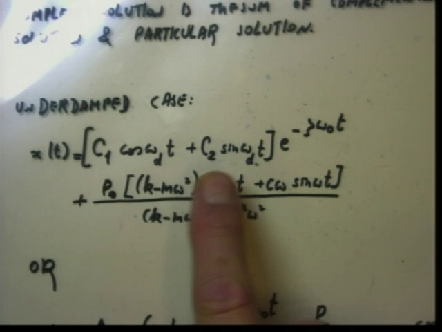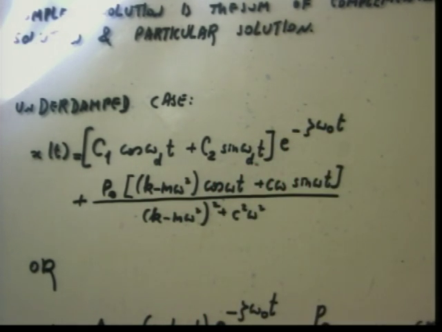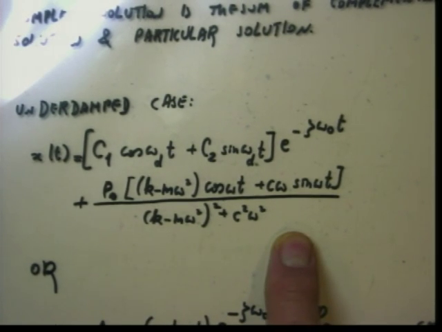C1 cosine omega d t plus C2 sine omega d t, times e to the power minus zeta omega 0 t. Then plus this particular solution. Because forced vibration is actually a summation of free vibrations plus one particular solution.